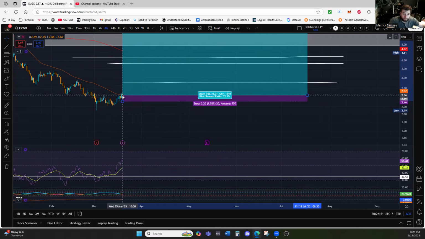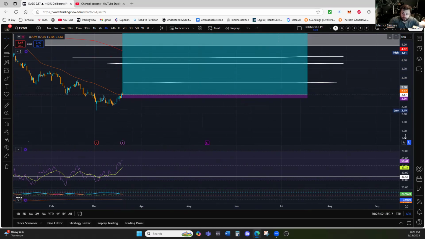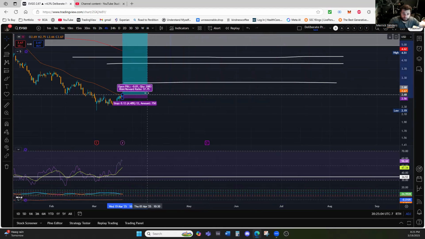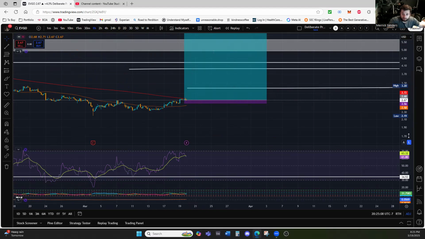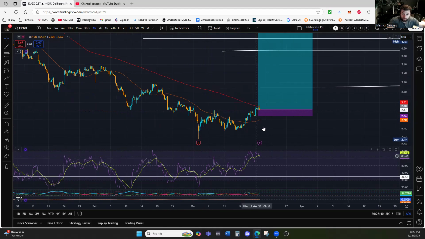If you're entering this right now, I would really want to run a super tight stop. What I would really want to do is maybe wait for the RSI to cool off, come retest the 50, put in some divergence on the center line.